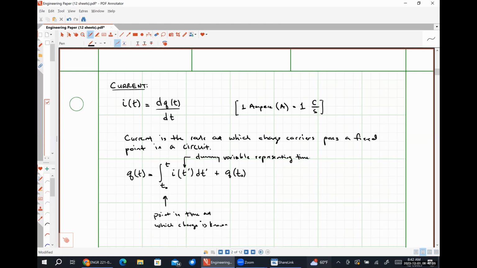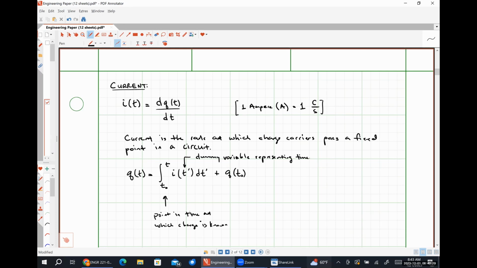Okay. So in some of your prior classes, some of your math instructors may have told you about using prime notation to indicate derivatives. I will never do that in this class. Okay. If I want you to take the first derivative, I'm going to say the derivative with respect to a variable.